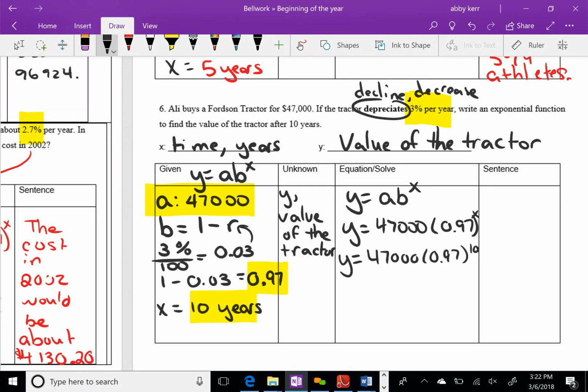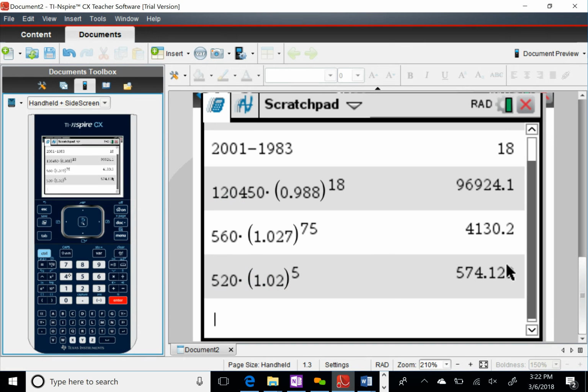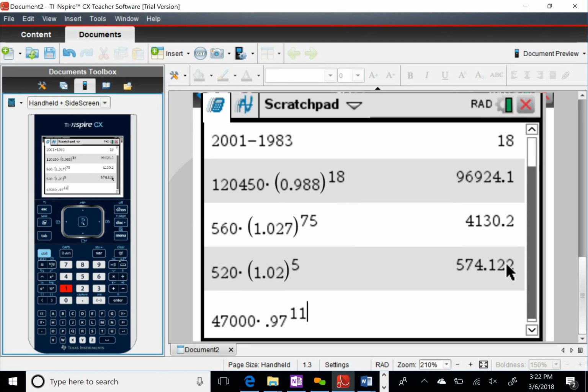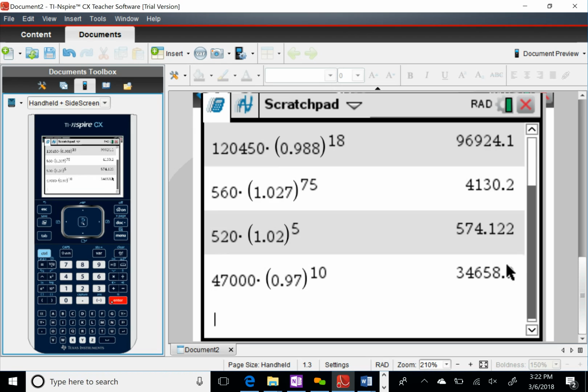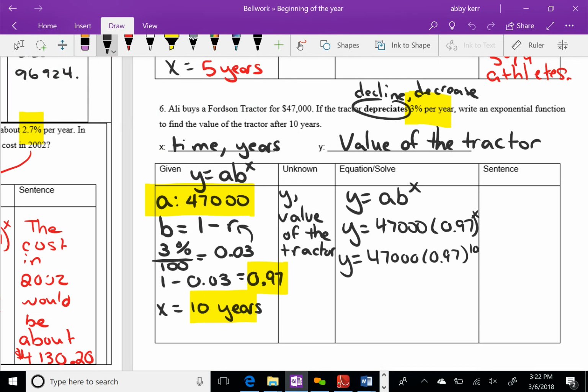So 47,000 times 0.97 raised to the 10. Let's see what that gets us. When you're doing this, you want to make sure that you are putting it right in the calculator. So make sure there's 3 zeros at the end. The 0.97 raised to the 10 power. So that will get you about $34,658.90.